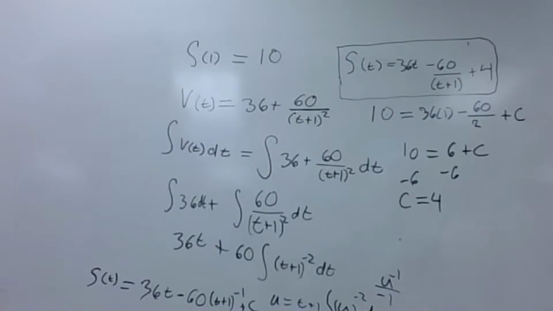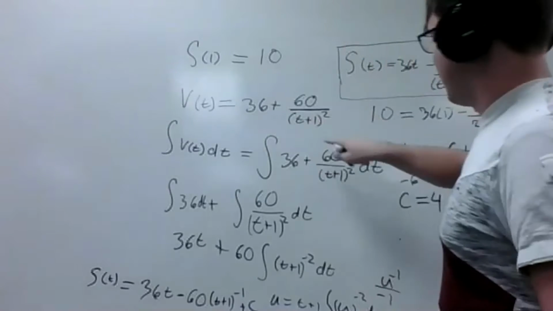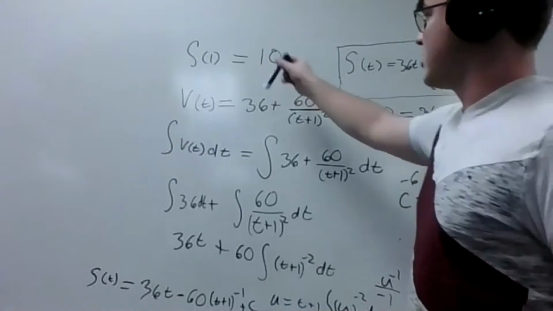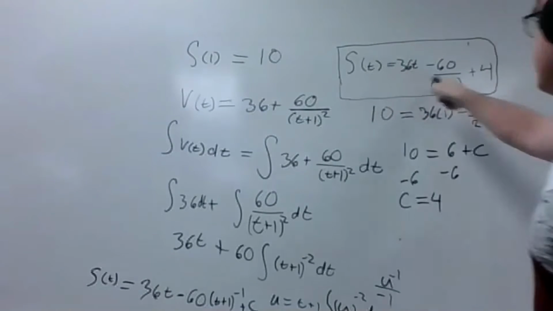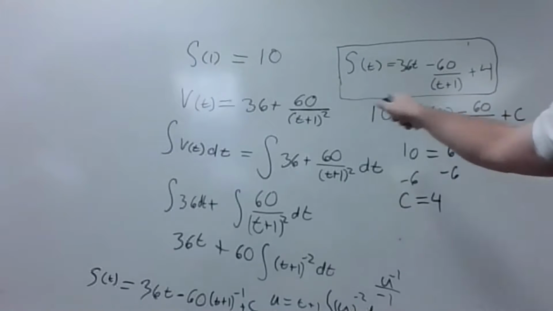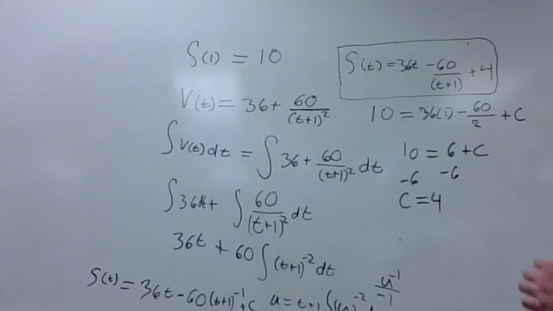Yep, you're right. We take the integral to find the original function, and then we use the initial value that they give us in the equation that we found to find our c value, and that's basically it. And then you just rewrite it.